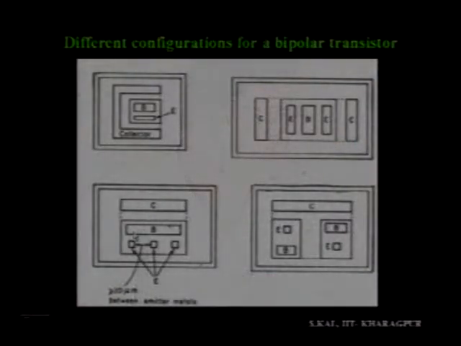Now here another structure is shown. You can see here the collector is 1, the base contact is 1, and there are 3 emitter contacts. So 3 emitters are connected, with one base, not different bases. In an earlier diagram I showed you, the 3 base contacts were different.